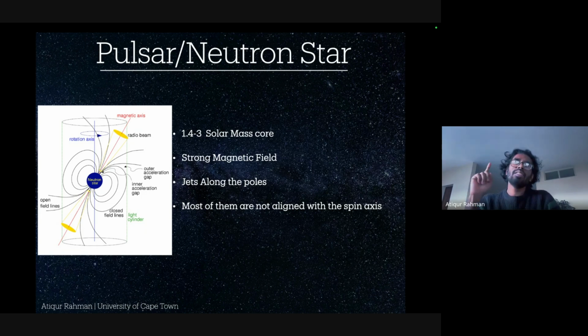And whenever the cone passes through, the Earth sees one pulse at a certain time. And it takes a certain time to come across this cone. It just gives a consistent pulse period, if that makes any sense.